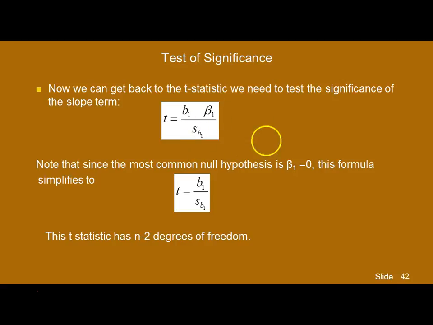And you divide by the standard error, the standard deviation of B1. As I just said, if we're testing the hypothesis beta 1 equals 0, that drops out, and we're left with just this formula down here. The t-statistic is simply B1 over its standard error. This happens to be a t-statistic with n minus 2 degrees of freedom.